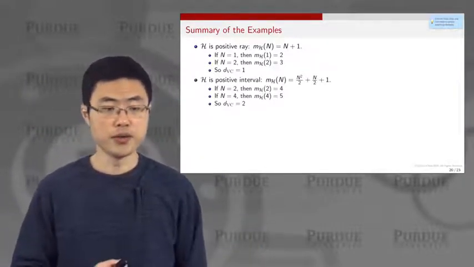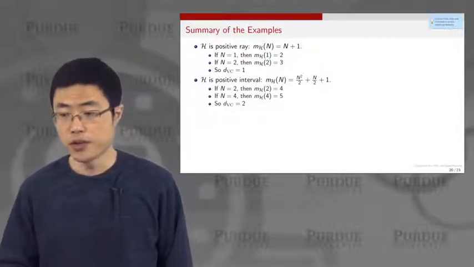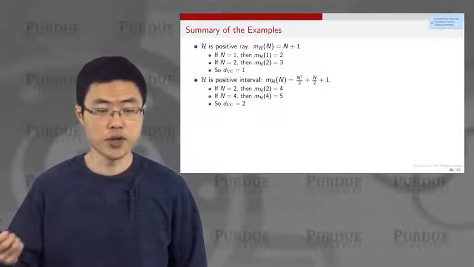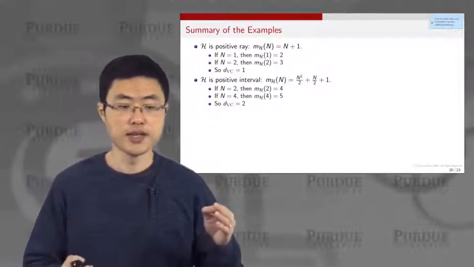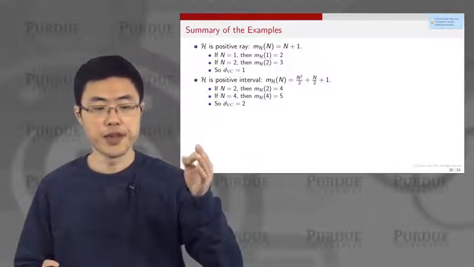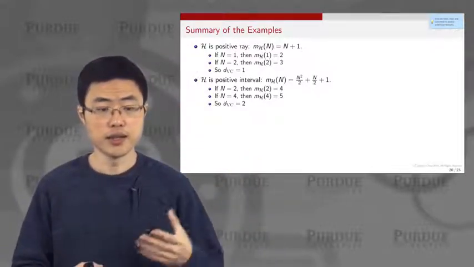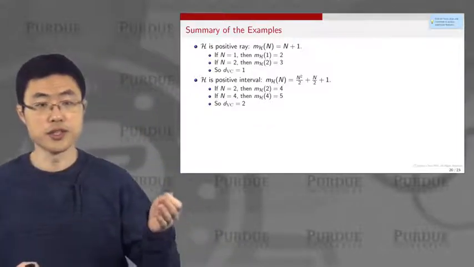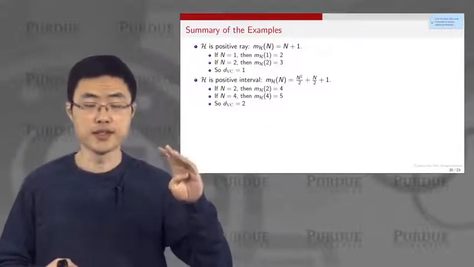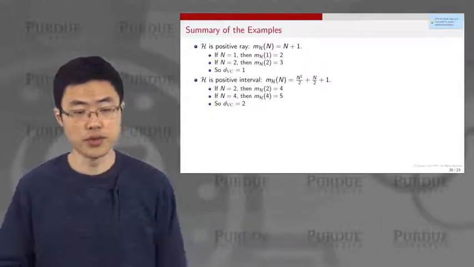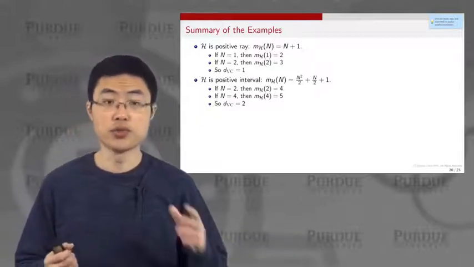What about if we are looking at the positive interval? Well, the positive interval has this equation of the growth function, and we can say that if n is 2, then the growth function is 4. Okay, and that is 2 to the power 2, and so then you can shatter. How about n equals 4?